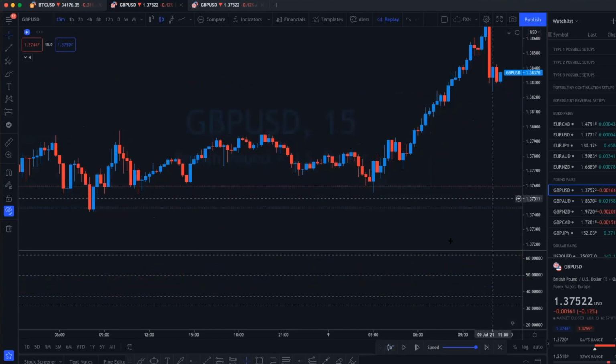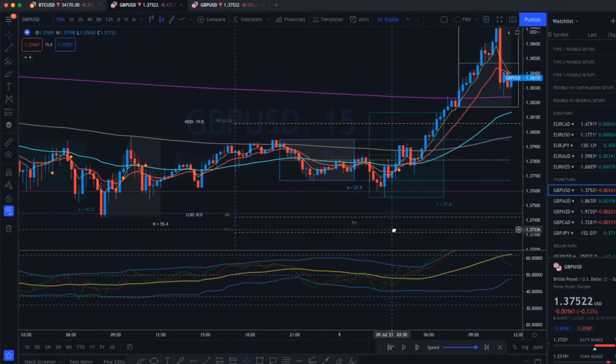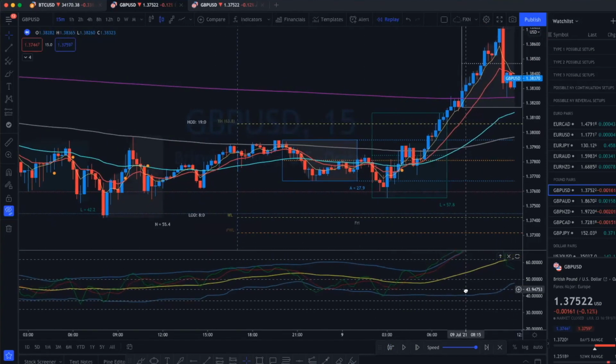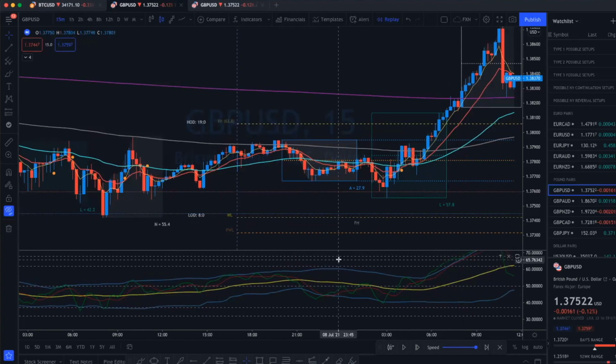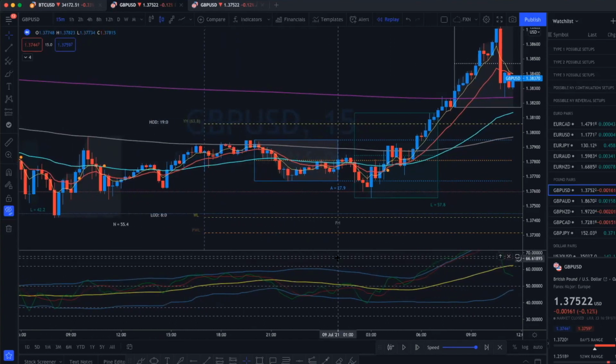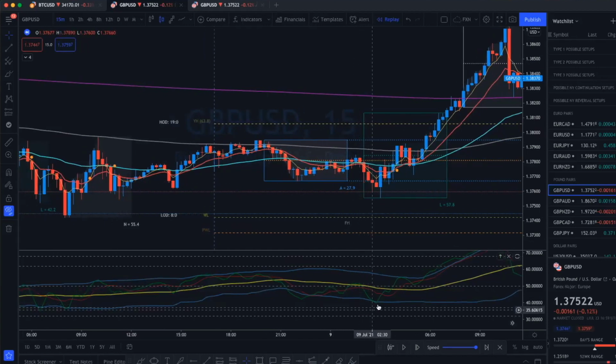Here you don't actually get a good confirmation from the TDI. The only thing you do get is a hook, but price action doesn't quite make it to the bottom. And that's generally almost expected because it's a type 2 trade.